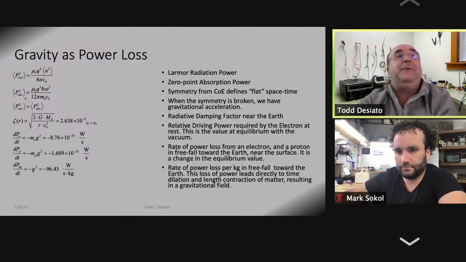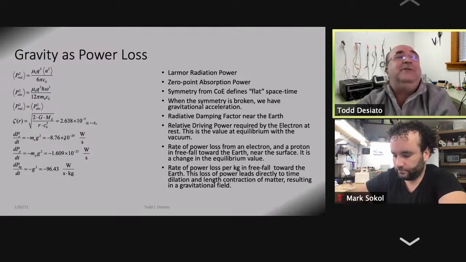It could be different power values, but as long as these two are equal, then the particle is in equilibrium with the vacuum. And now you introduce a damping factor from the Earth, for example, and it's a very small damping factor. But with this damping factor, the power, the square root of this basically, is losing power. The particle is losing power at a rate of 8.76 times 10 to the minus 29 watts per second from its Compton frequency.